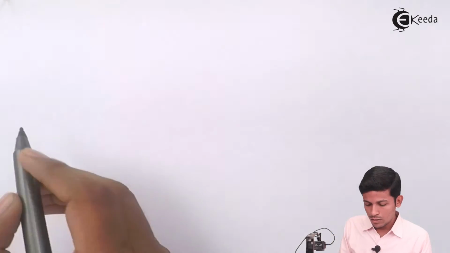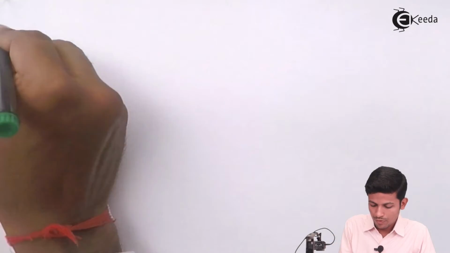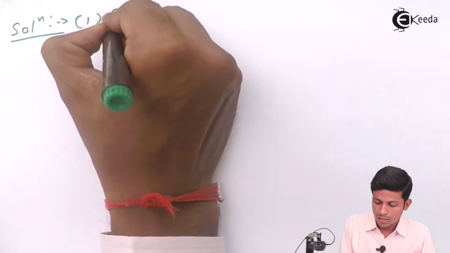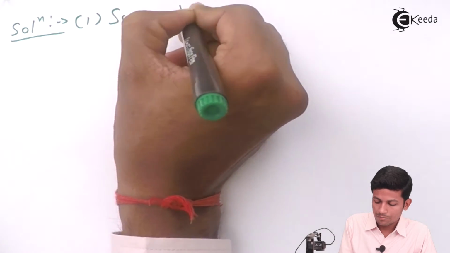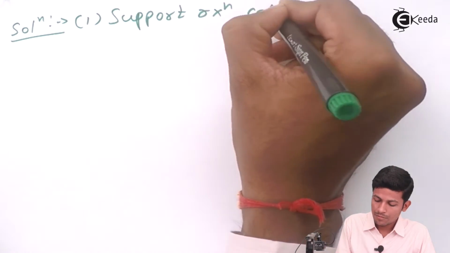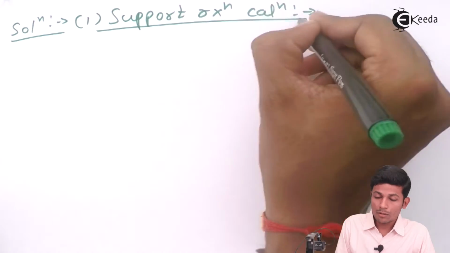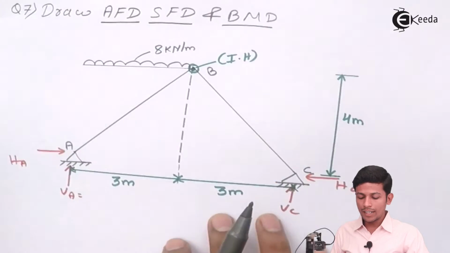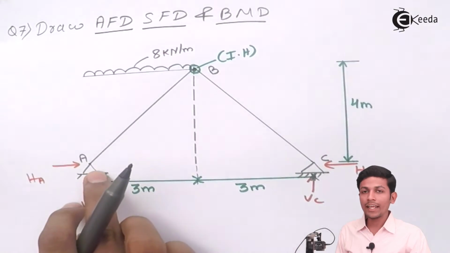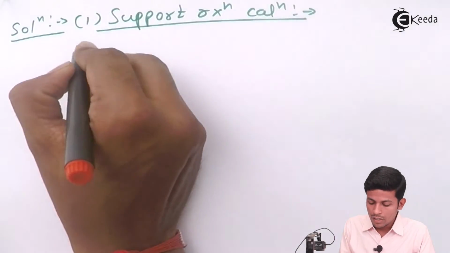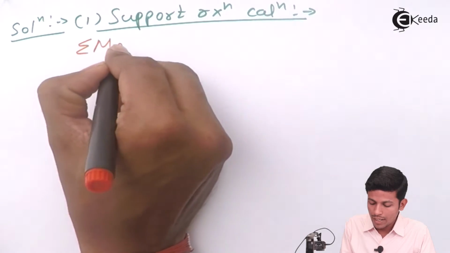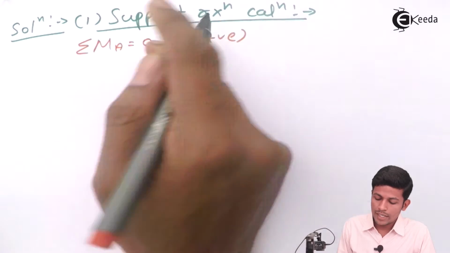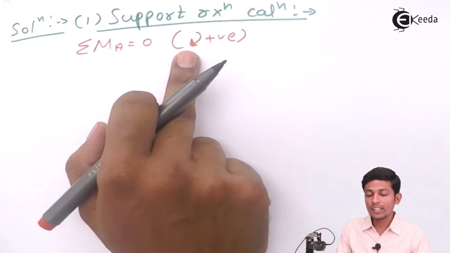Our first step is support reaction calculation. To find VC, we take moment at A equal to 0, summation of moment at A equal to 0, clockwise positive.